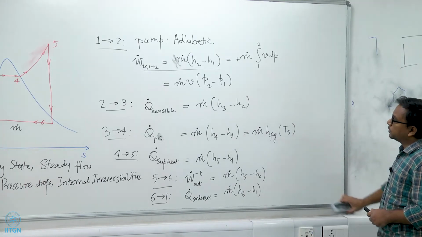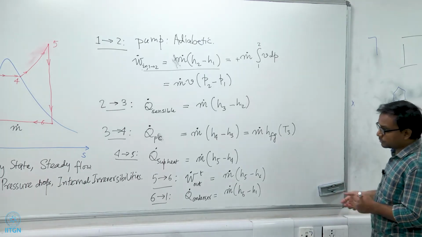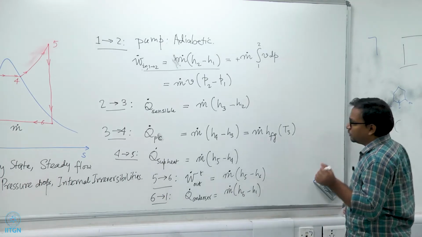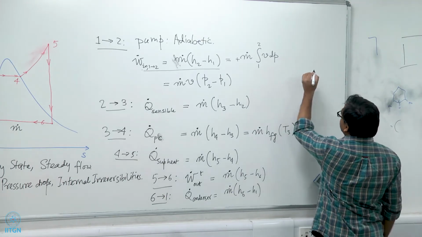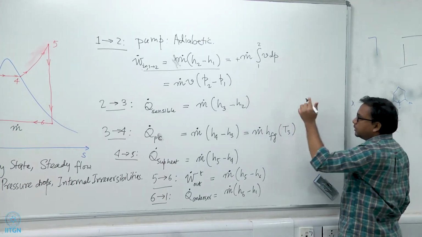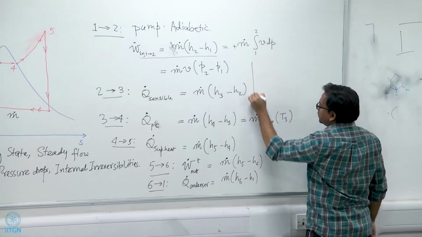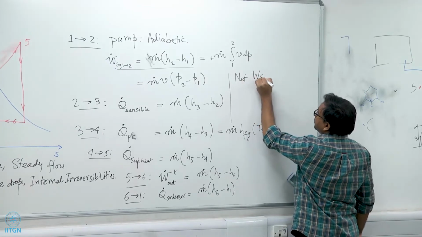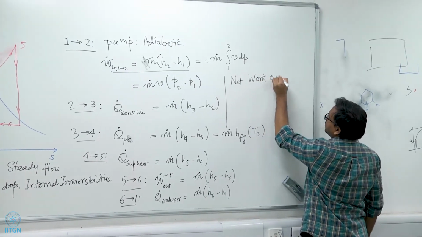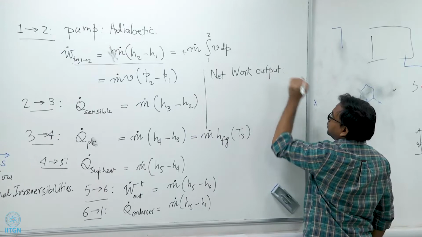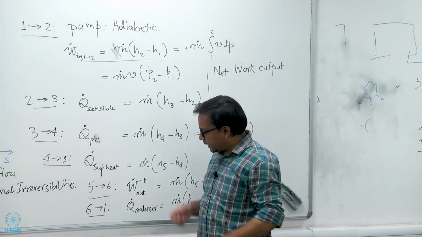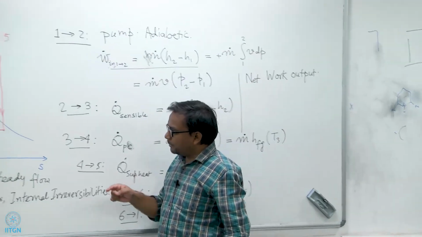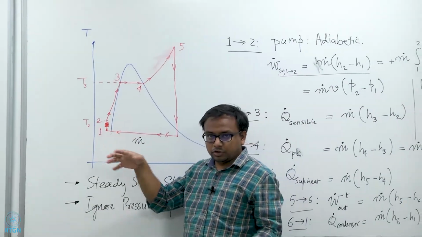Before we do efficiency, let us try to find out the net work output. You can see that in the cycle the turbine is giving you work output, but at the same time the pump is consuming power.